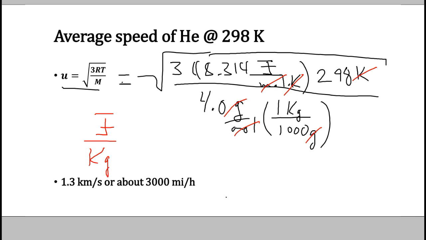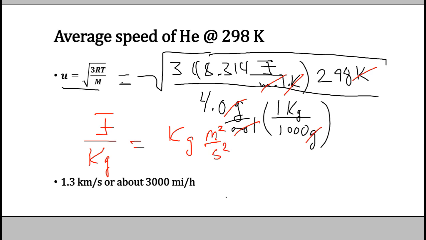Well, we know speeds are expressed in terms of a distance per time. So how's a joule over a kilogram going to give us meters or kilometers per second or miles per hour, something like that? Well, remember that we said a joule is a kilogram meter squared per second squared.